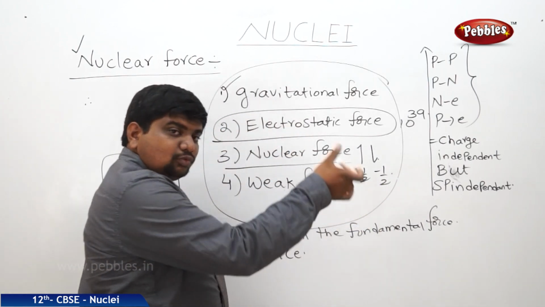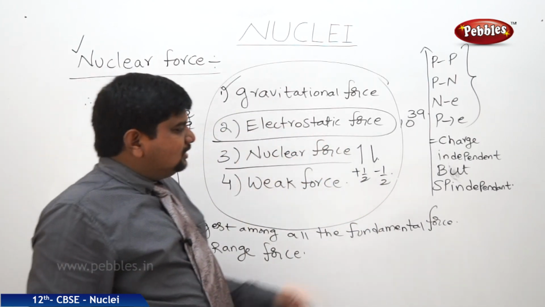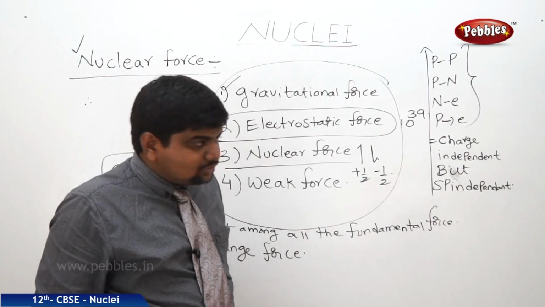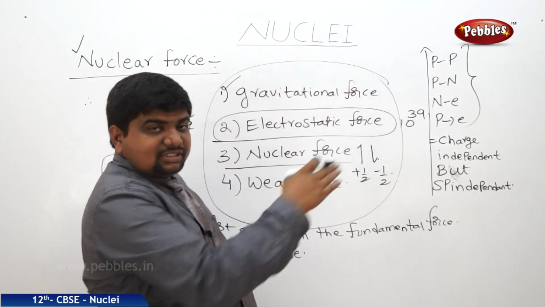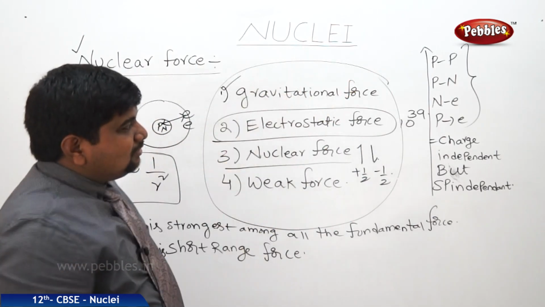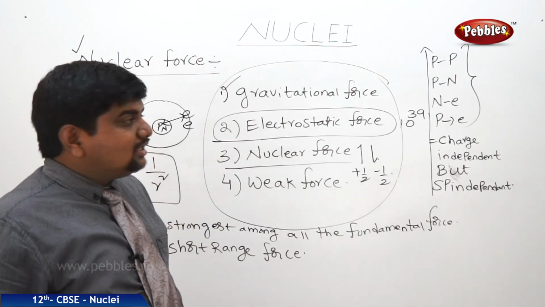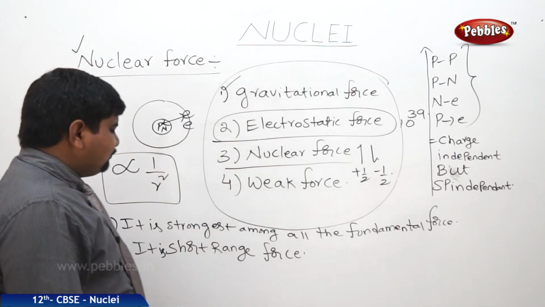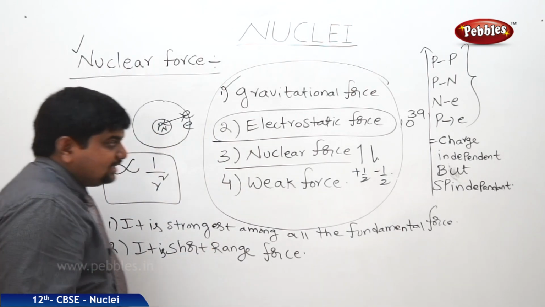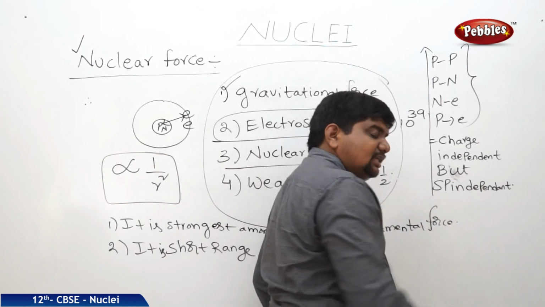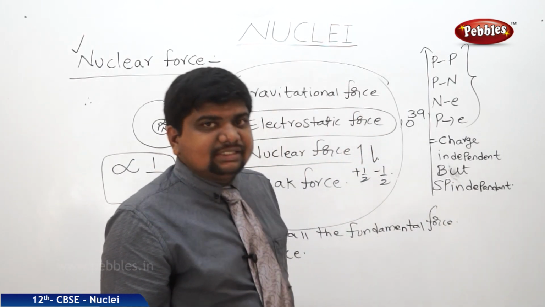With respect to the direction of orientation, the value of spin changes, but the magnitude of the force is not changing for the nucleons participating in the force interactions. So the properties are: it is strongest, it is short range, it is charge independent, but spin dependent.